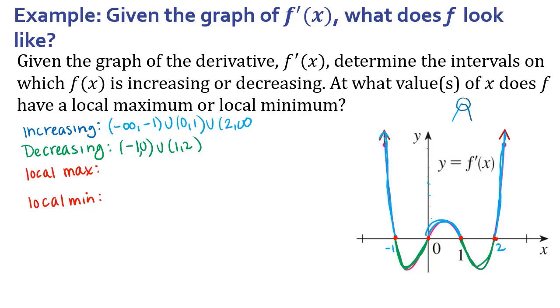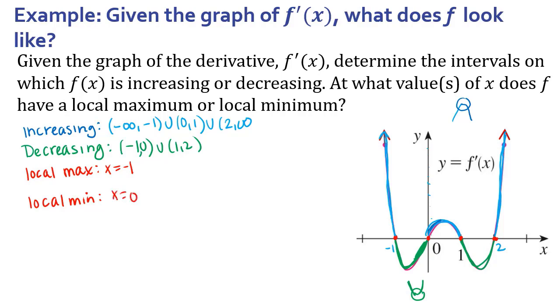So that is a local maximum. So there's a local maximum at x equals negative 1. All right, let's look at what happens when x equals 0. So when x equals 0, my graph goes from decreasing, so that means my function is going down, to increasing. So that's where the function starts going up. So this function is going to have a local minimum there, at x equals 0.